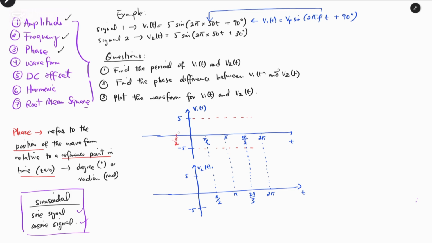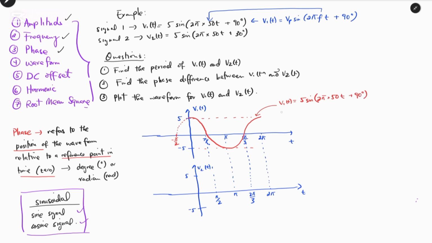Now we can see V1(t) is shifted by 90 degrees, so we should have this signal coming like this. This waveform represents V1(t) equals 5 sine(2π times 50t plus 90 degrees).